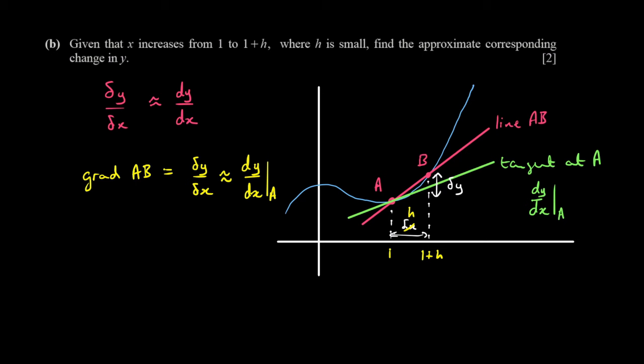So what can we say about this line here, the delta y upon delta x? It's going to be roughly the same thing as the gradient calculated at the point where x is equal to 1. The green line is the gradient calculated when x is equal to 1, and that should roughly be the same as the gradient of the red line. So what I want to do is find out the dy/dx value when x is equal to 1.